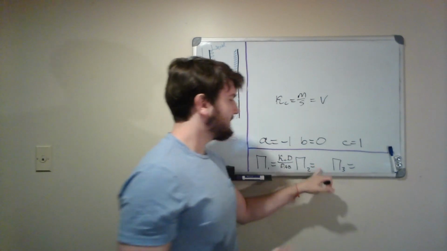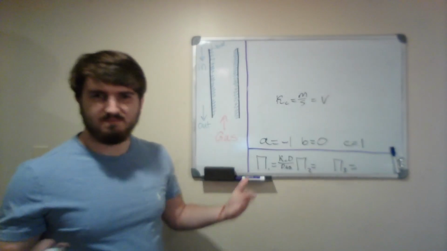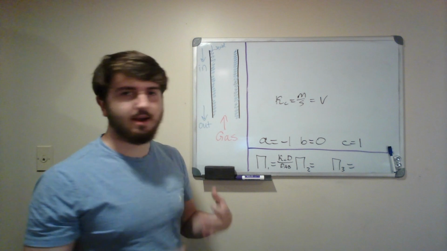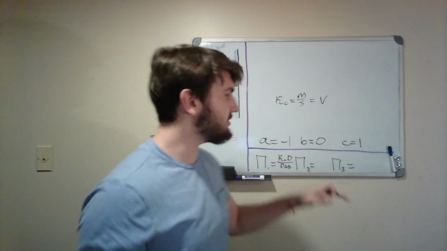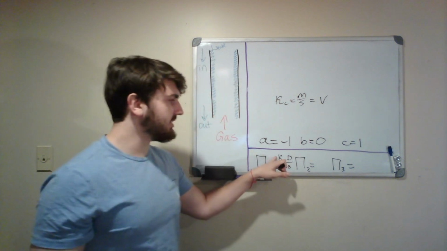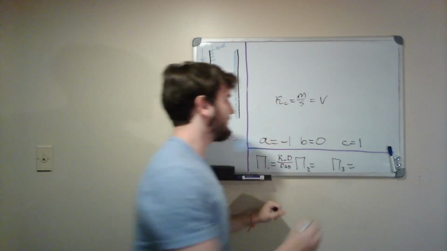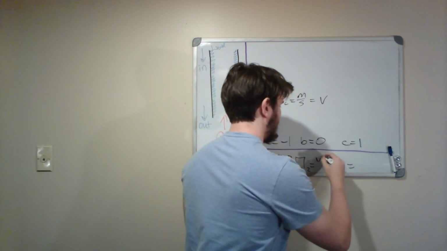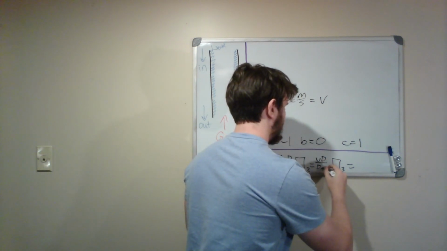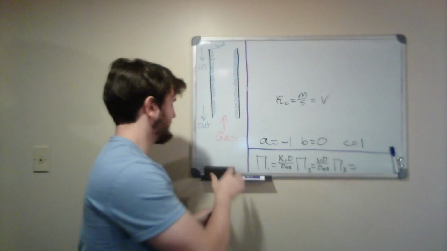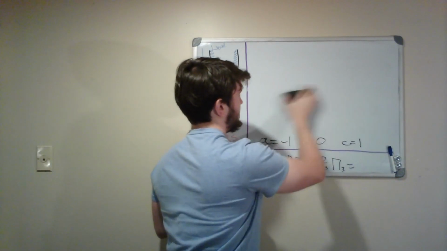Because of that, pi 2 is really just going to be the same thing as pi 1. We don't have to worry about doing the math there. It's going to give us the same solution, except instead of the mass transfer coefficient, it's going to be velocity. So we have velocity times the diameter over that diffusion coefficient.